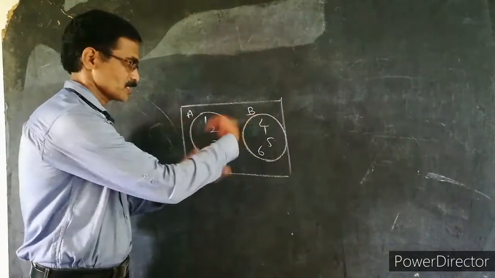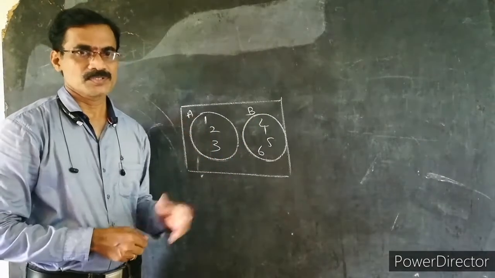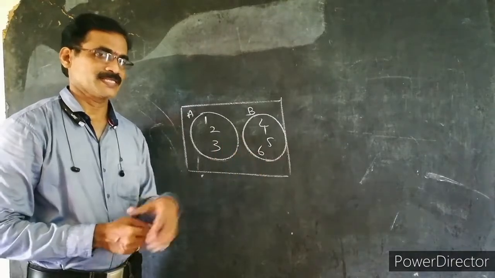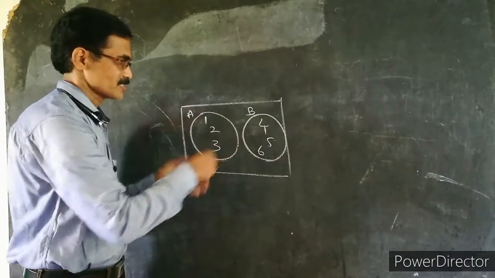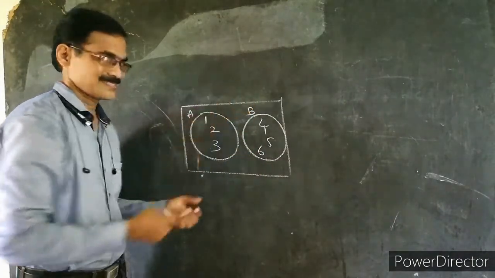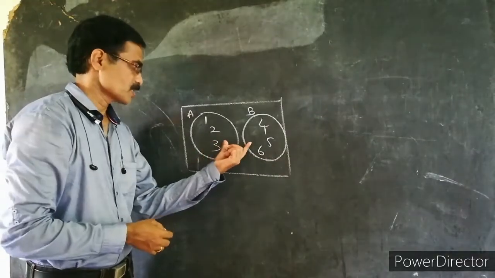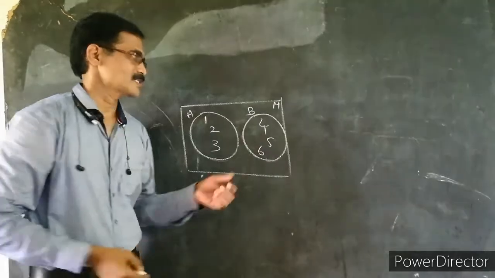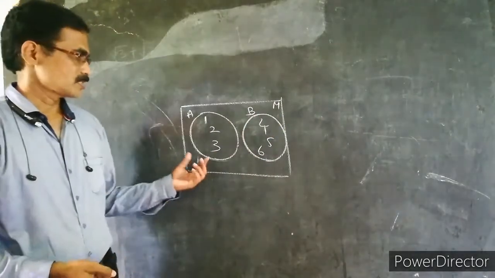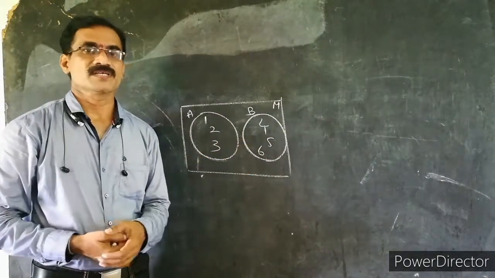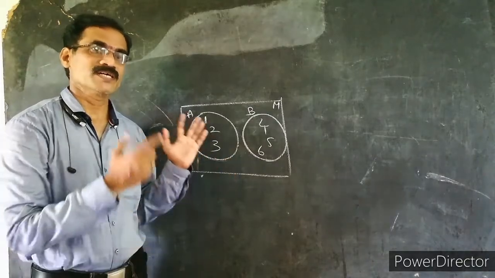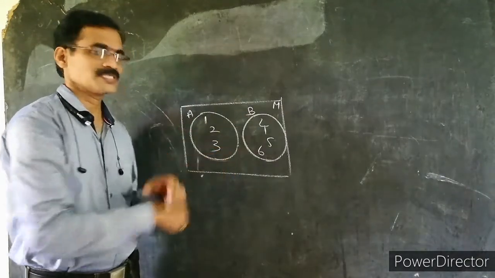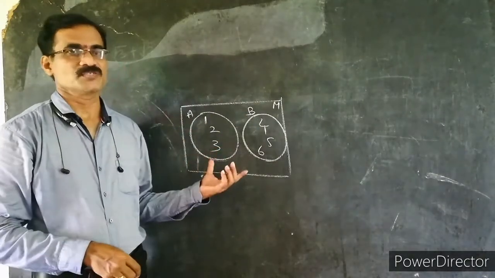So you don't write overlapping. Don't draw overlapping circles. Here separate circles. These are disjoint sets. They do not have any common element. So the rectangle set is mu. So these are disjoint sets. If there are no common elements, if they are disjoint sets, you represent the Venn diagrams in this way.